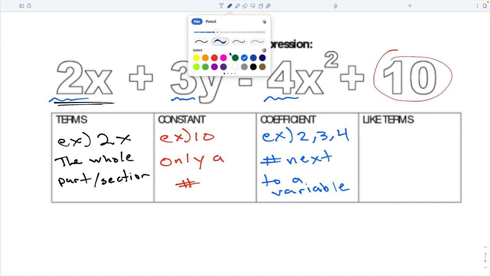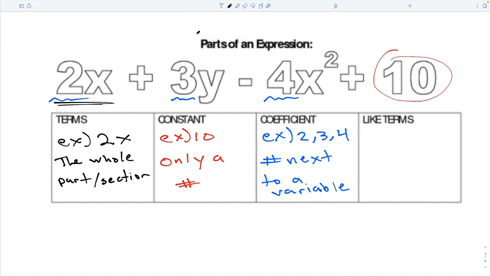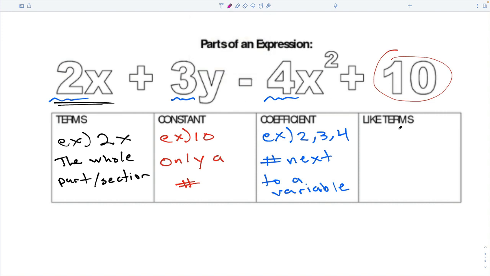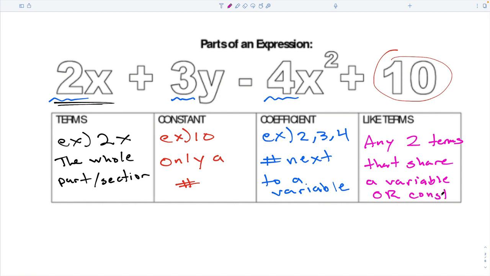Lastly, like terms are any 2 terms that share a variable or are just constants.